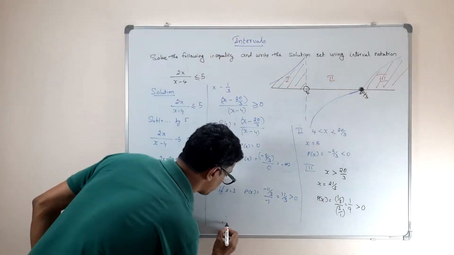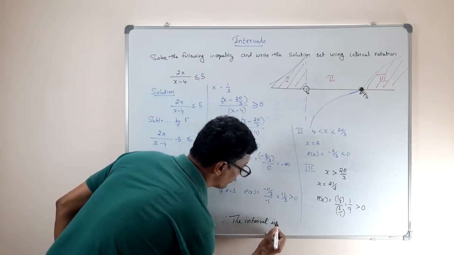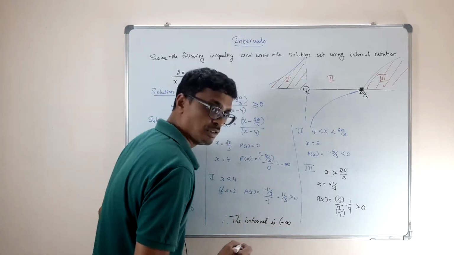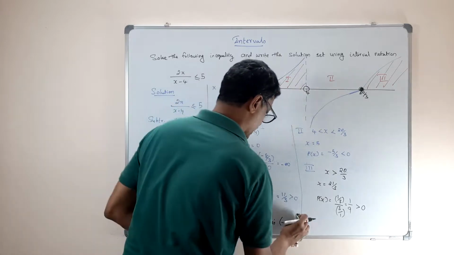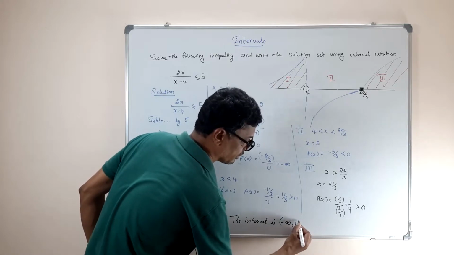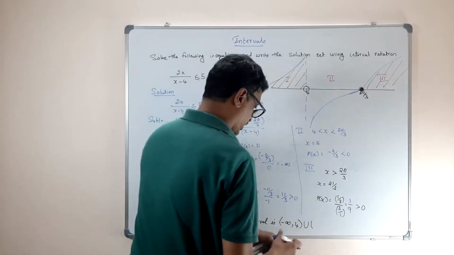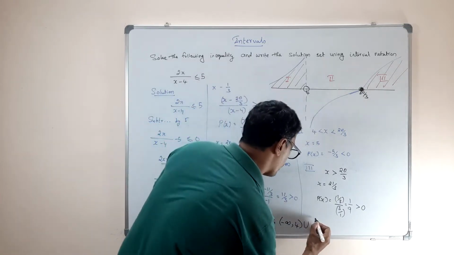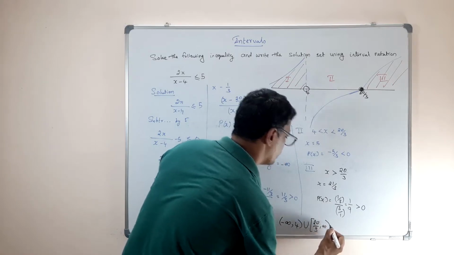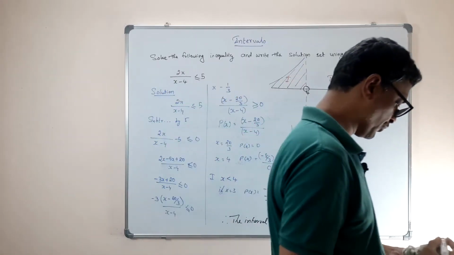Therefore, the interval is minus infinity, parenthesis, comma, 4, also a curved bracket. Union, closed square bracket of 20 by 3, comma, infinity, curved bracket. Got it? And this is how you have to get the intervals.